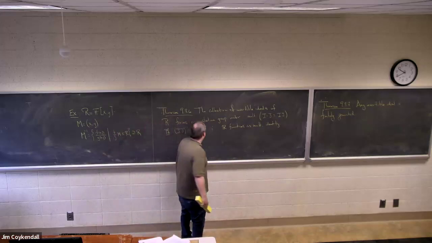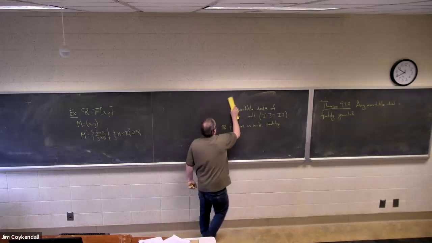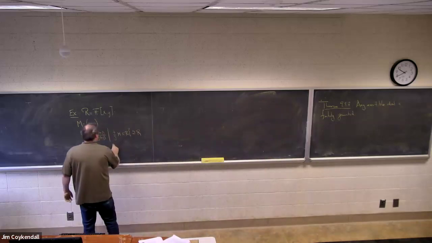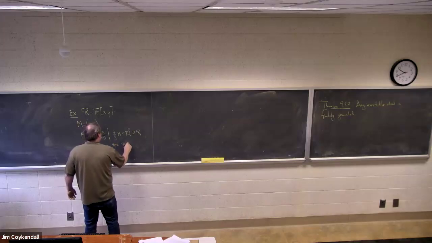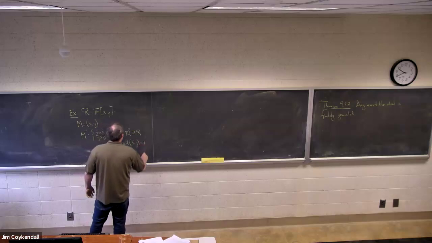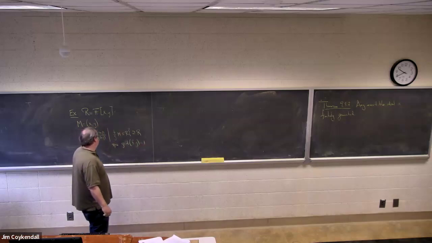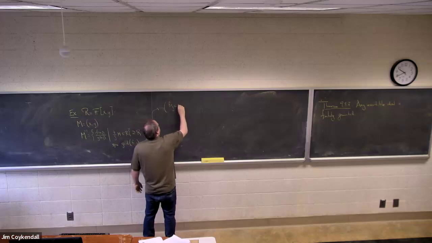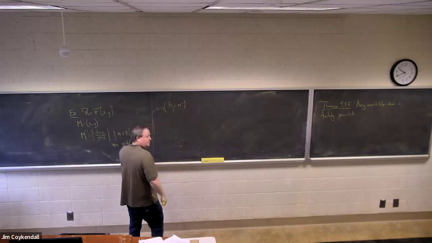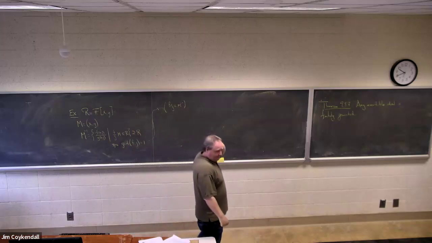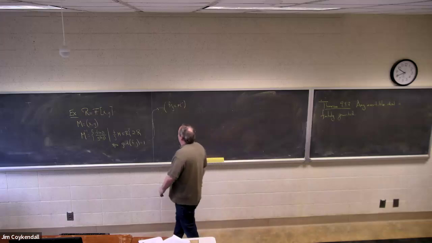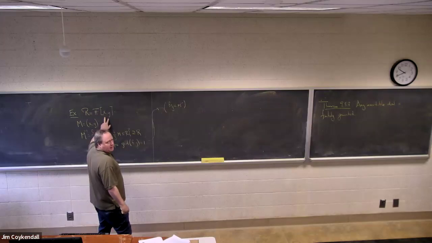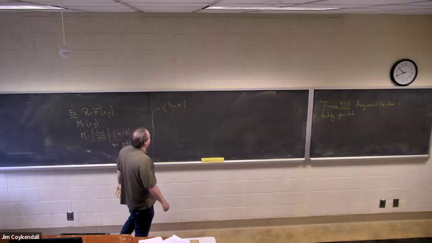Everybody with me so far? Let's suppose I've got something in M inverse, F over G. Because R is a UFD, I can factor F and G and reduce if possible until I've got the top and bottom relatively prime.